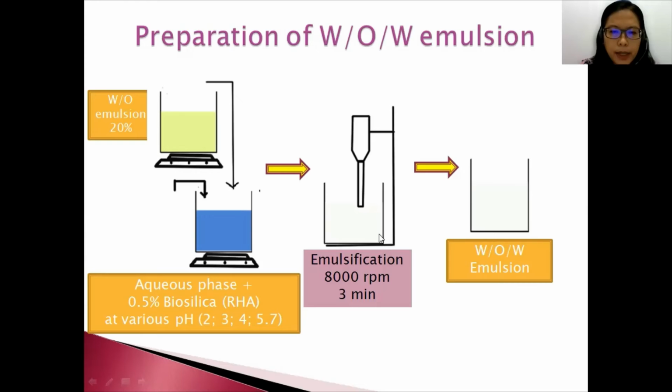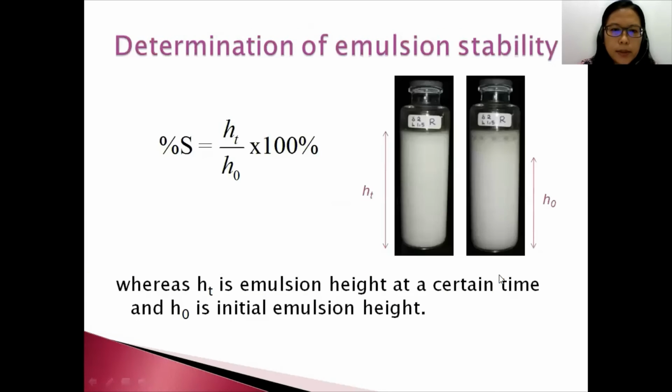Then the emulsification is conducted at 8,000 RPM for 3 minutes, and we will have the double emulsion of water-in-oil-in-water.